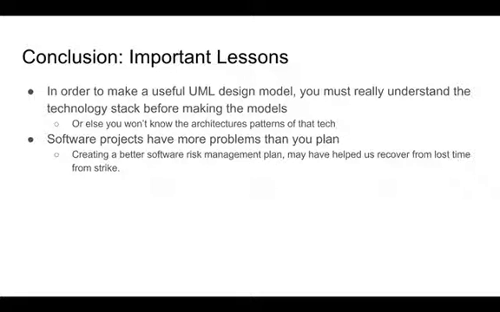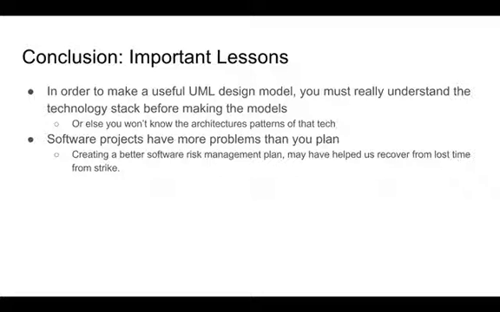As we were mentioning before, Flask has specific architecture patterns that are kind of strict, and we weren't so aware of that before we started. So the UML design that we came up with had to be changed in some ways just because of the way Flask is strict in that sense.